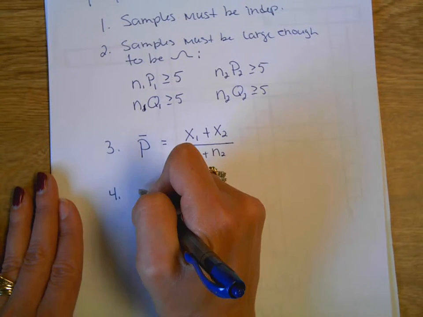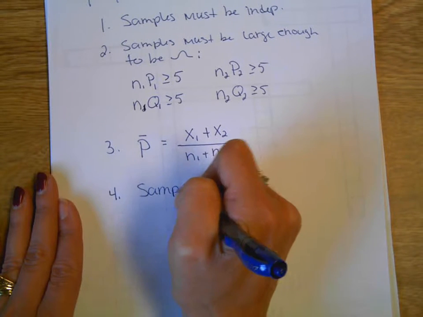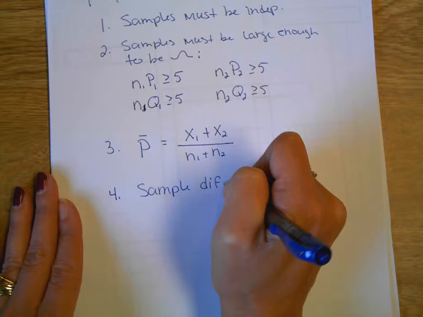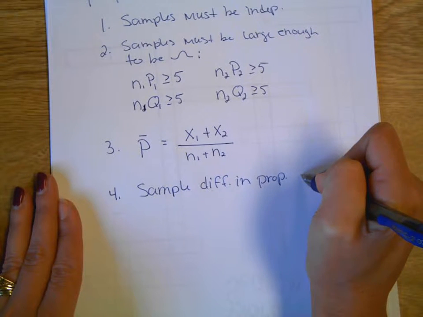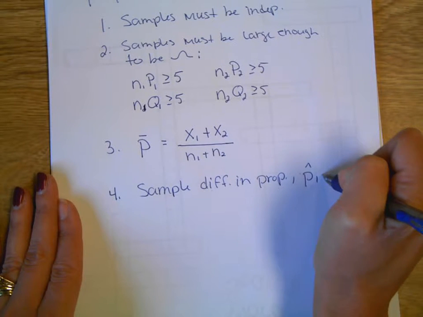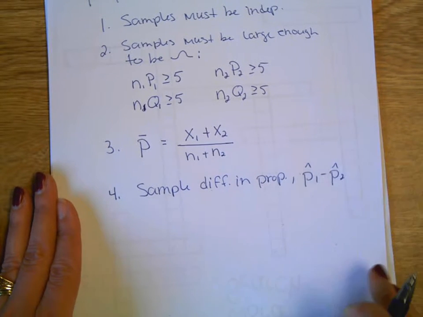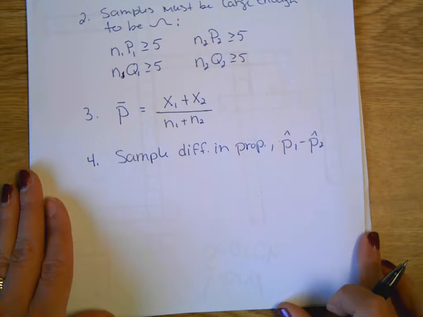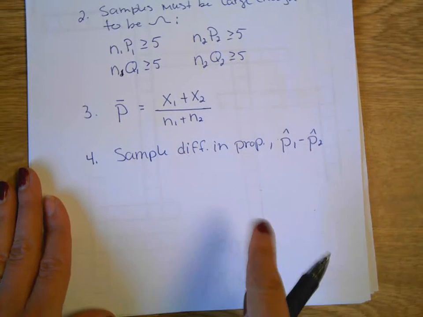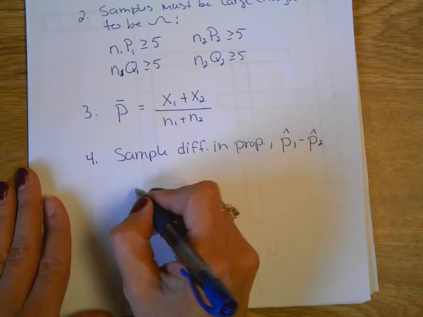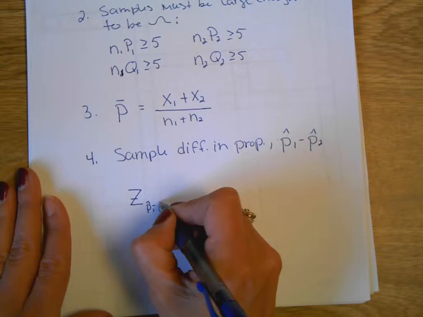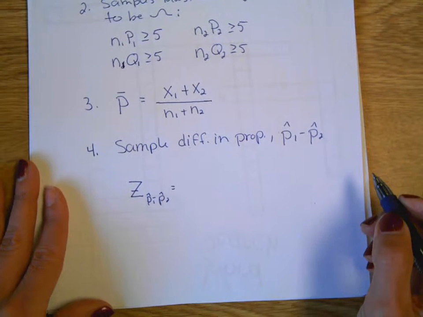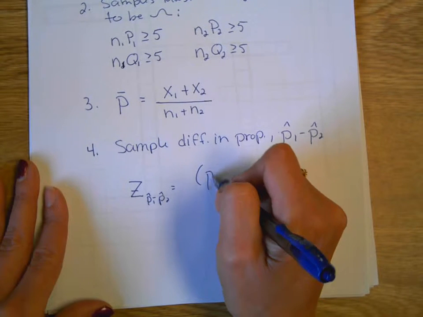And then our sample difference in proportions is going to be P hat 1 minus P hat 2. And to turn that difference into a z-score, I forgot to tell you these were z-scores. The z-score for P hat 1 minus P hat 2: the numerator's been the same all the way through.